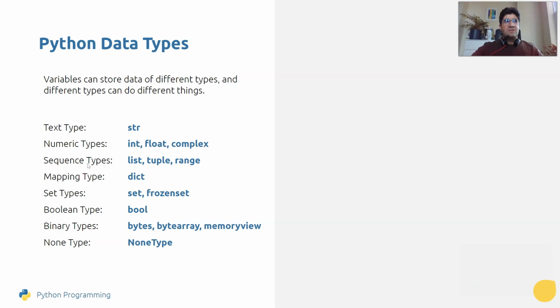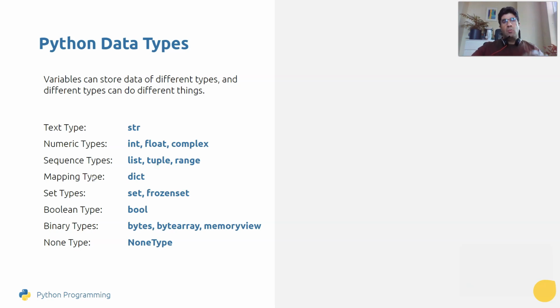And then for sequence types, we have list, tuple, and range. So there are three different kinds of data types that we can use to store sequence data. As you can see, in these kinds of data types, the sequence or order is important.